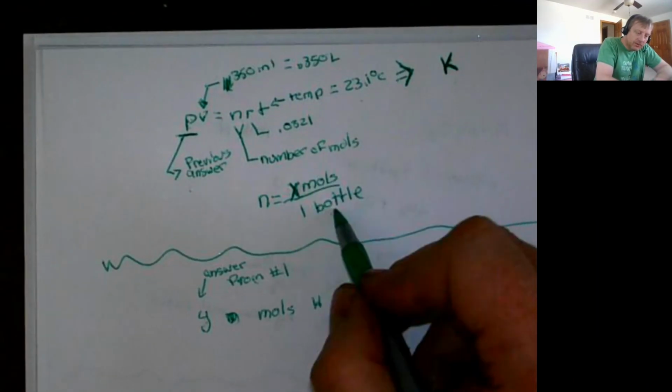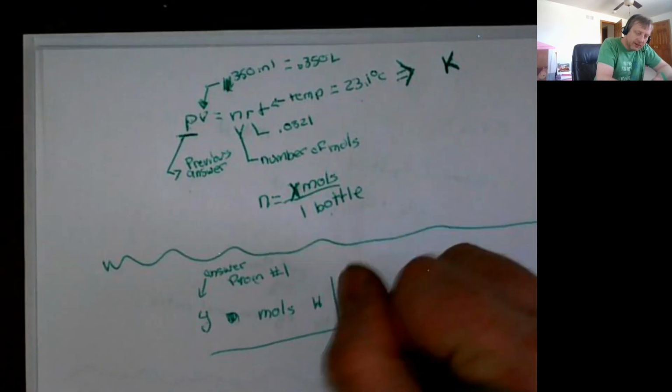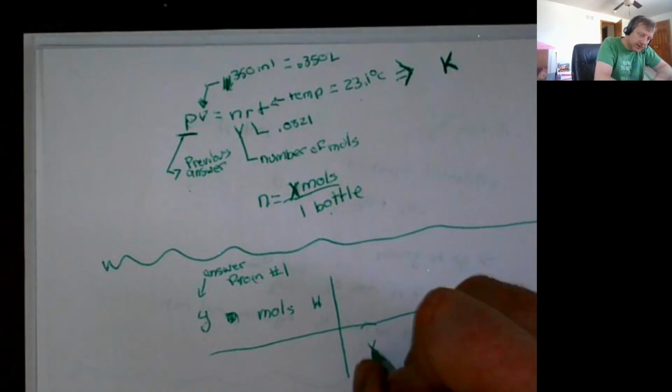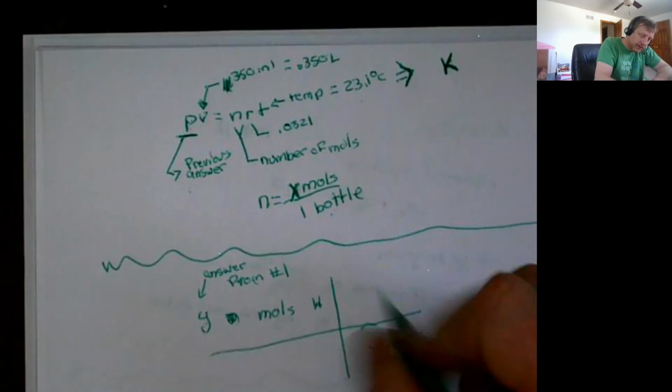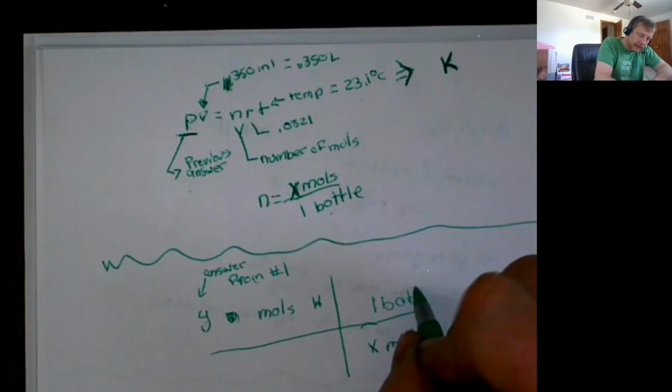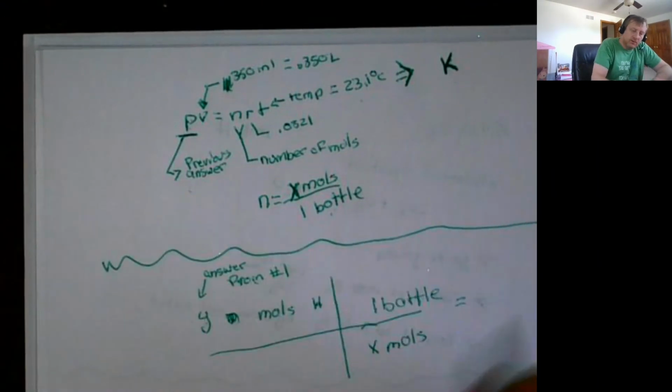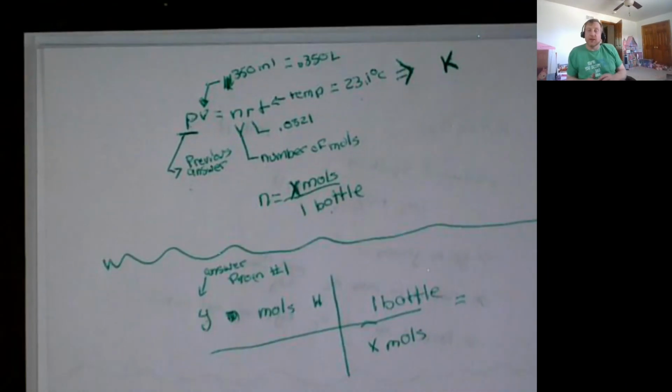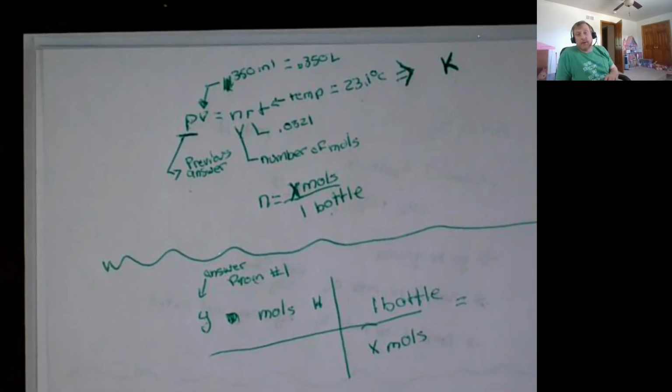And we can use this conversion factor that we just made, which says there are x moles per every 1 bottle, to turn those into the number of bottles of hydrogen. Now, it should end up being a relatively significant number of bottles. This probably isn't a very realistic way to refuel your spacecraft.